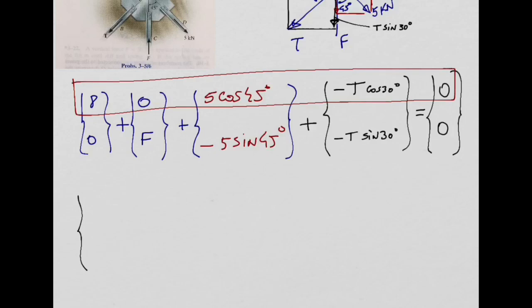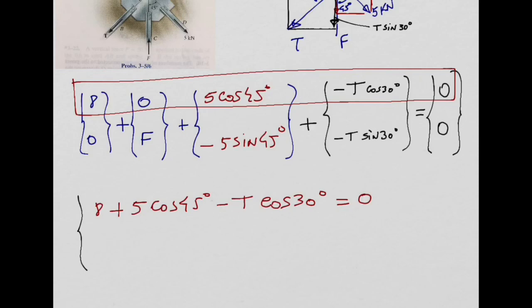I will have 8 plus 5 cosine of 45 degrees minus T cosine of 30 degrees needs to be equal to 0, right? One equation. One equilibrium equation.